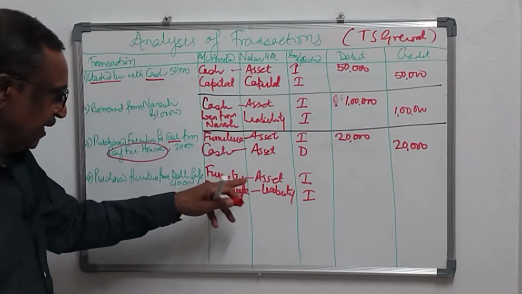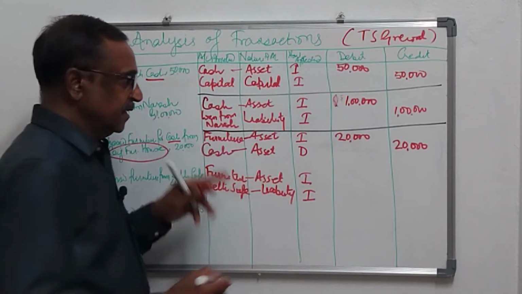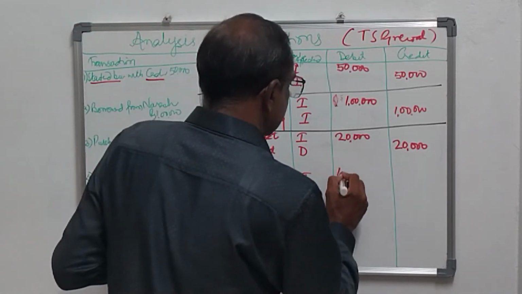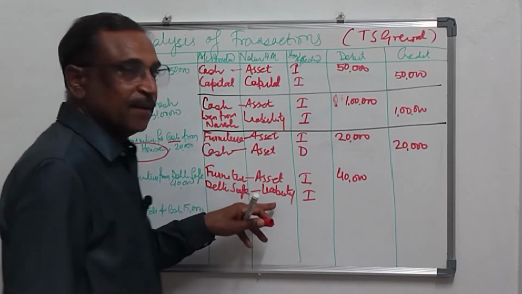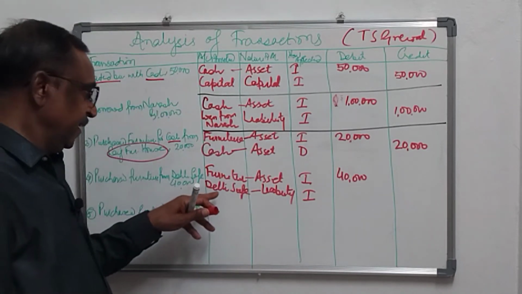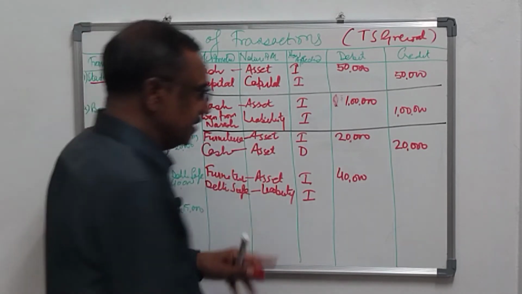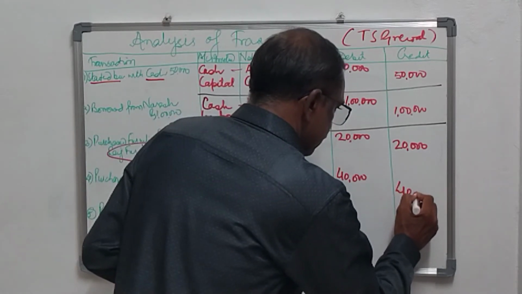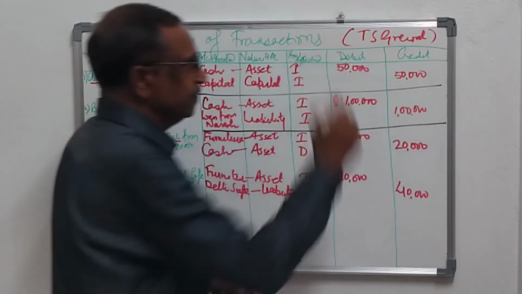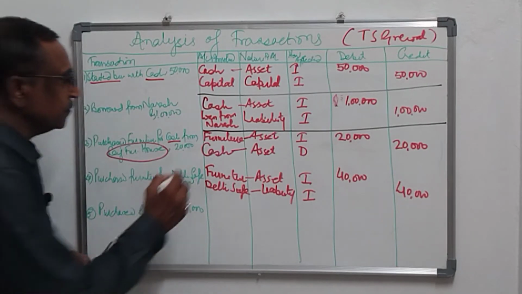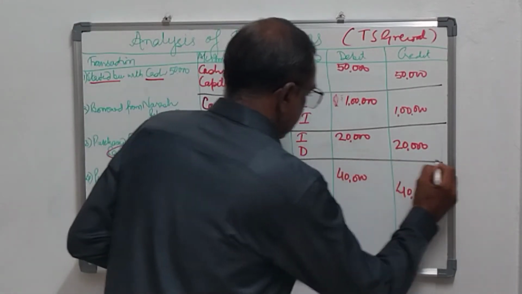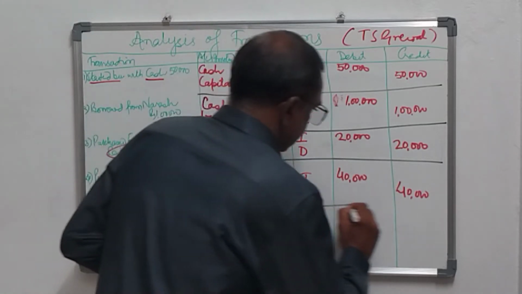The rule for increase in asset is debited. So 40,000 will be mentioned in debit column. And the liability has also increased correspondingly. So increase in liability is recorded on credit side. So we will mention in credit column. Okay. So this is how we have to proceed.